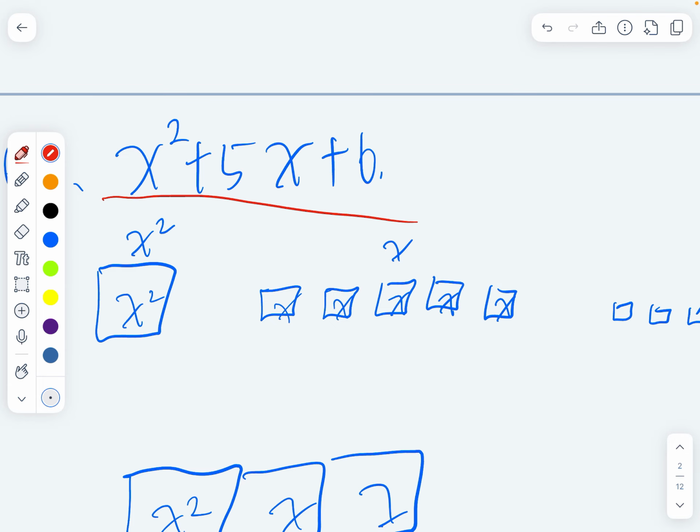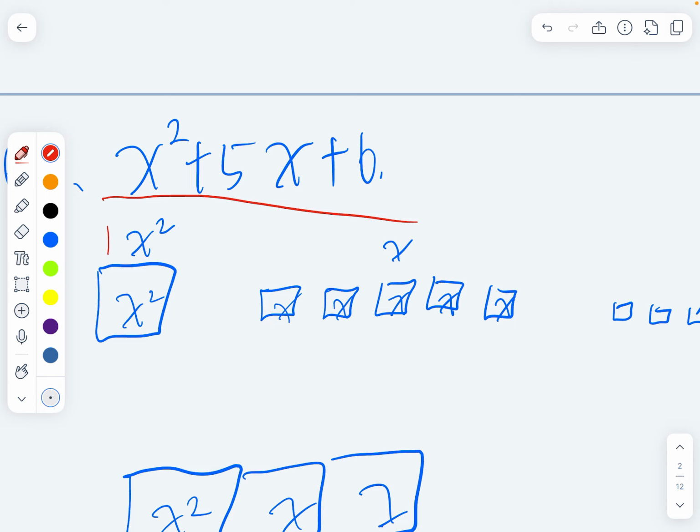x squared plus 5x plus 6. So how do we do that? First, we write out the blocks for each term. The first term is x squared, so we need to draw the big square for x squared.